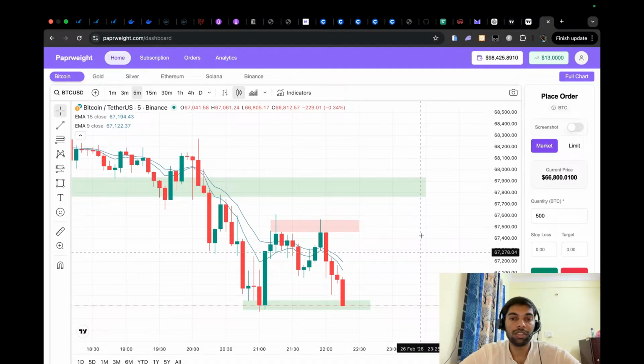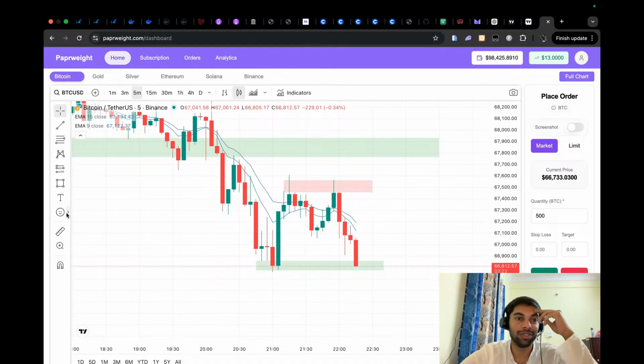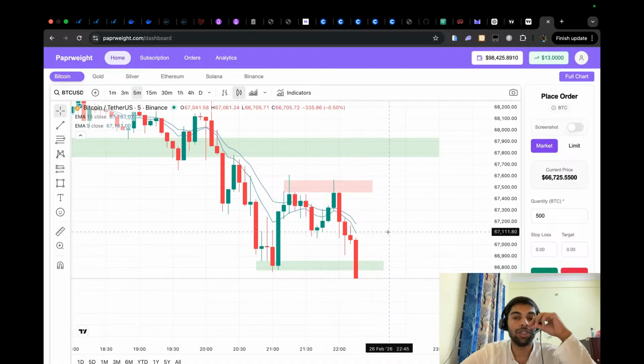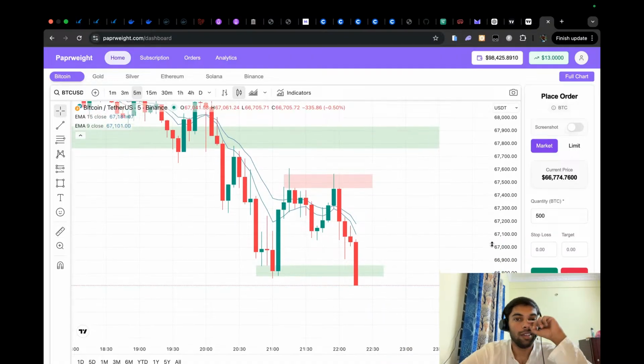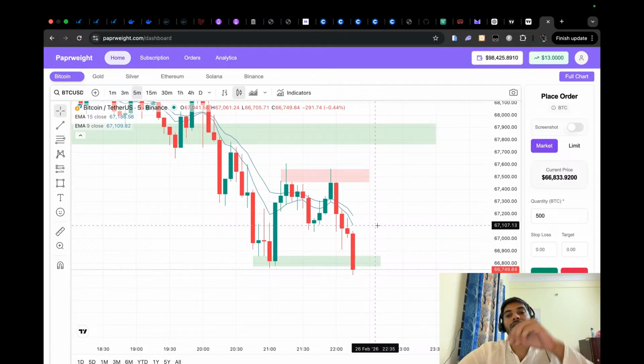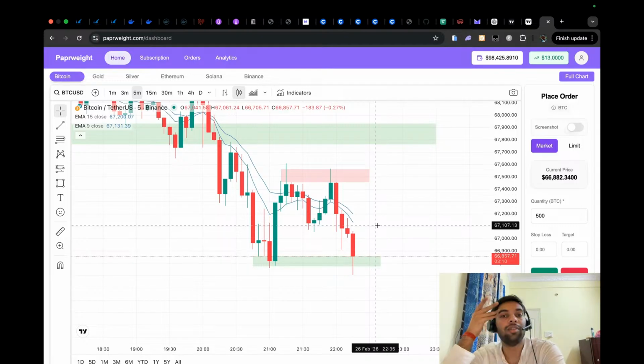Okay, it reached this area, so we just missed our trade. Or like, it is a good trade at all, but it's fine. I don't know why we didn't punch the trade. Should I have punched the trade, right?